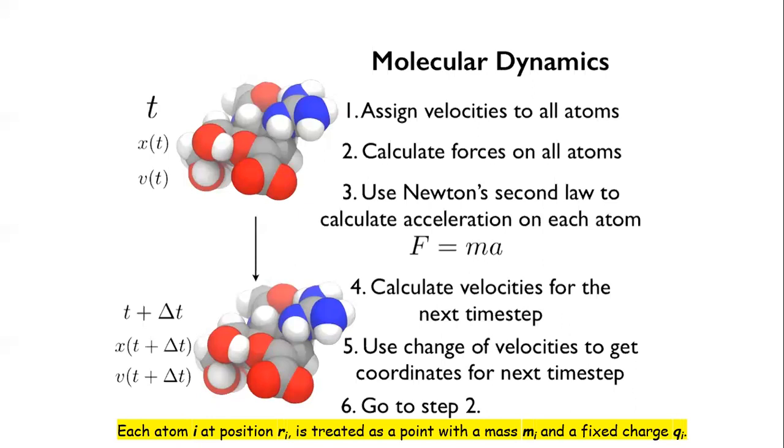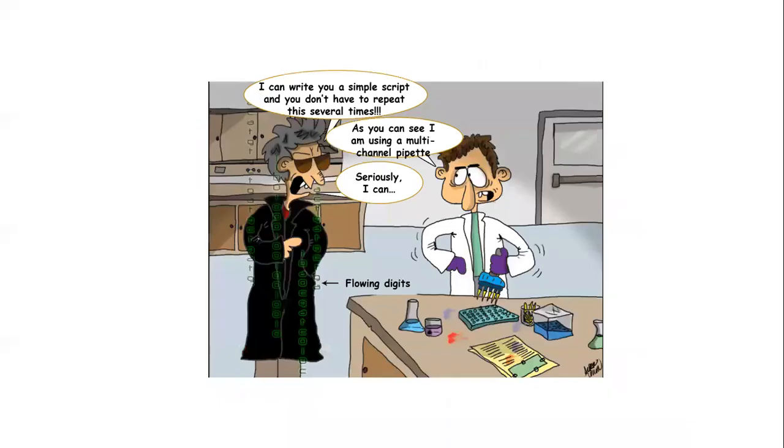In the case of Amber, we always use 2 femtoseconds for solving this equation. After that, all this data is saved in a specific file. We call it a trajectory file, and we use this trajectory file for other analysis.